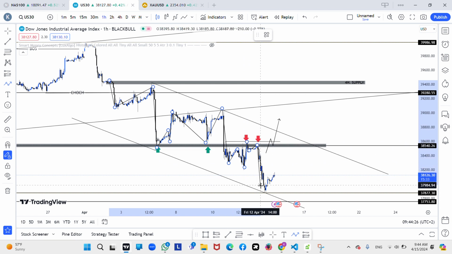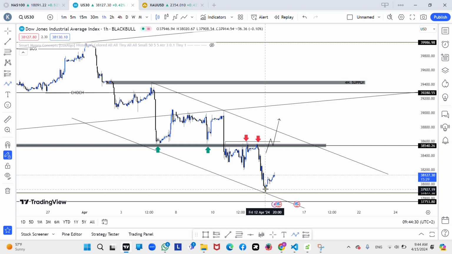After the correction, we get another impulse. So I think that was my mistake on USD. It was my mistake.